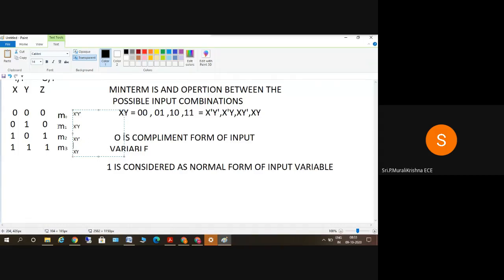These are the four possible input combinations, and we are performing an operation between them.